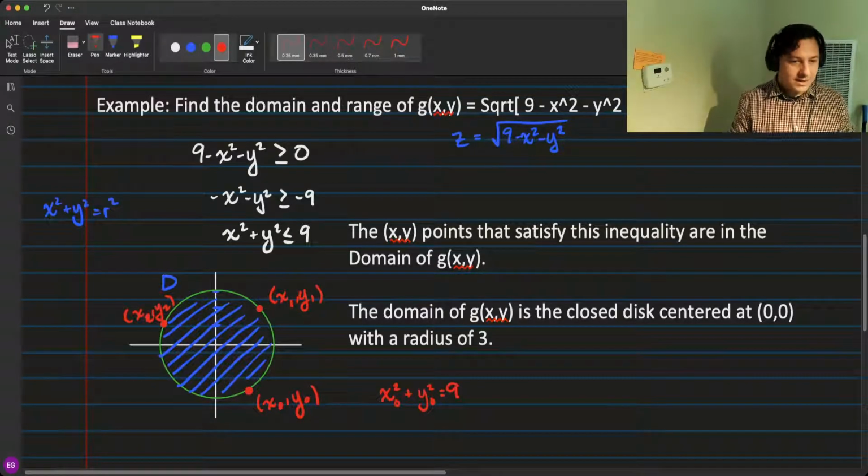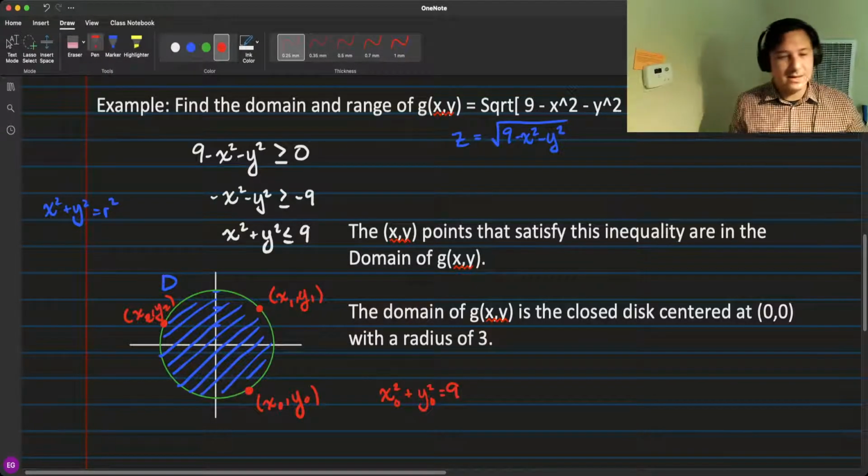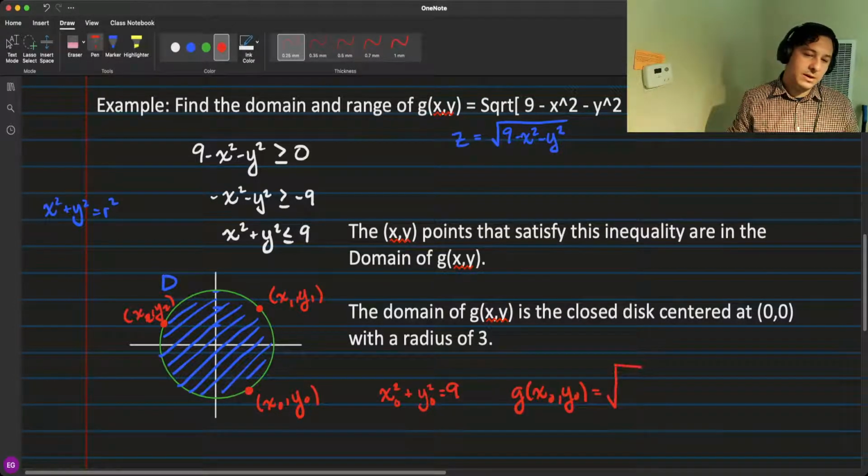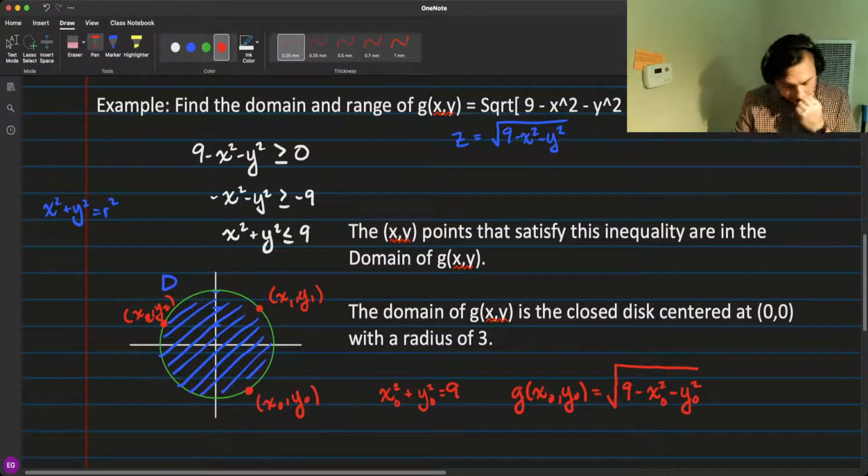So using this fact, let's see what happens when we plug x naught, y naught into g. You're going to get the square root of 9 minus x naught squared minus y naught squared.